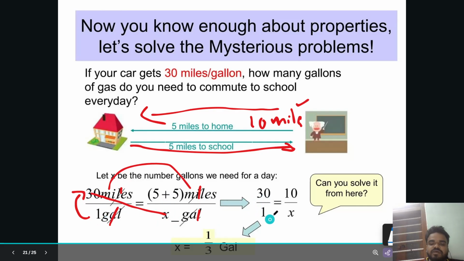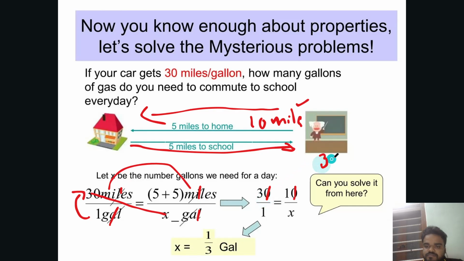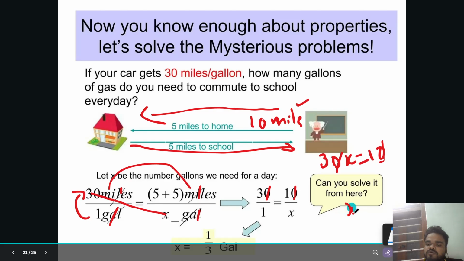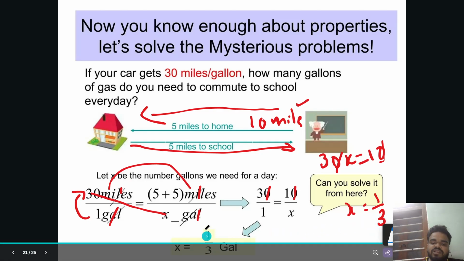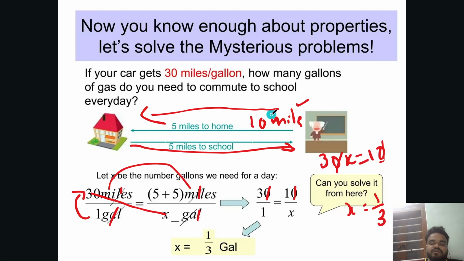That means the zeros will get cancelled. 10 into 1 is 10. When it comes to this side, x is equal to 1 by 3. So you need 1 by 3 of a gallon. Just 1 by 3 gallon you need to travel to school every day.